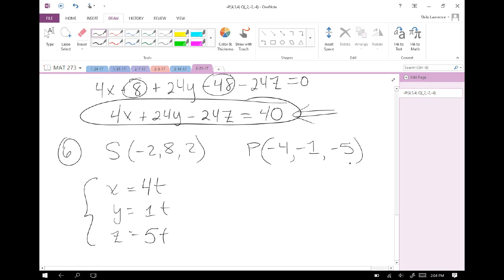So now we need to connect the point that they want the distance for to the line. So we're going to make a vector, SP or PS. Doesn't matter which direction it goes in. So I've called mine SP, which means I'm going to do the P's minus the S's.